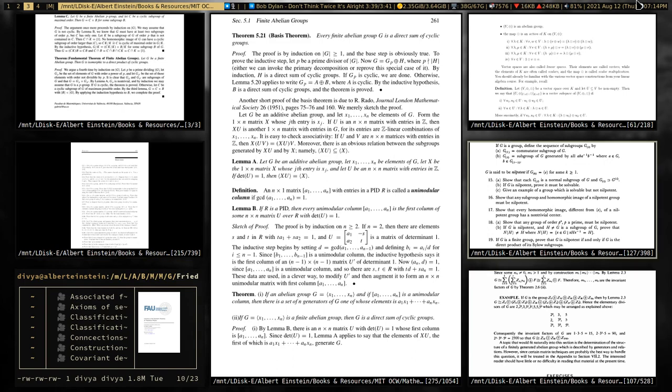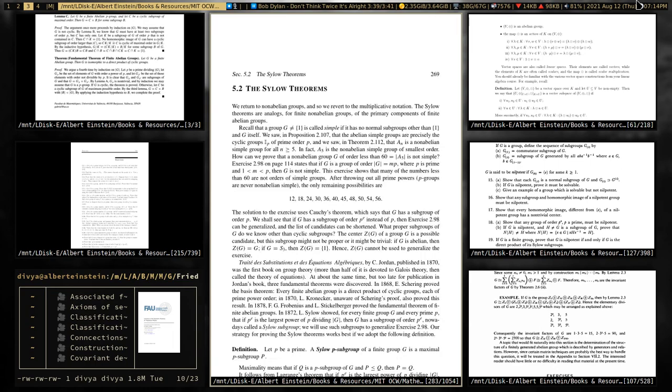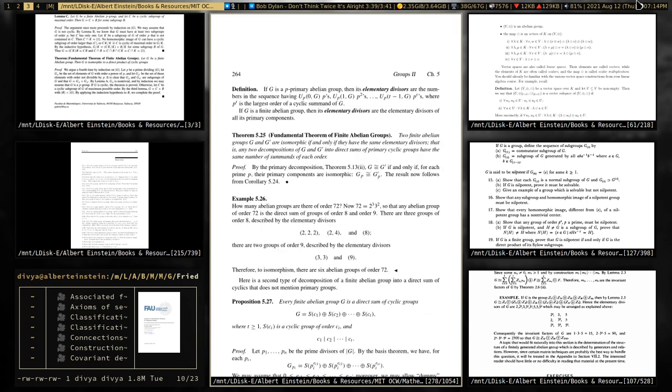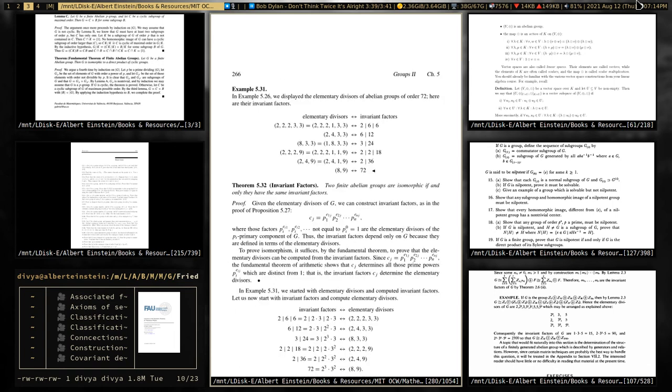Yeah, my gut feeling is that rather than reading the rest of the section of Rotman in detail, I'm going to read the examples over in Hungerford, and then do whatever exercises you pick out for us. You have, I don't know, invariant factors. He does talk about that.